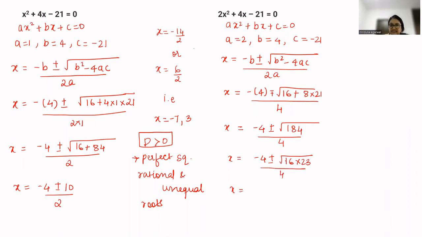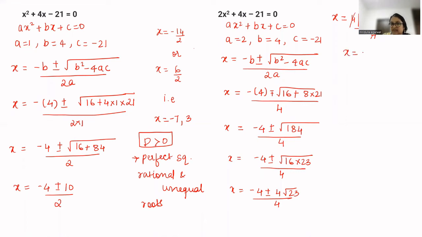As 16 is a perfect square, we'll take it outside the root sign. So we'll have 4 root 23 upon 4. Both the terms are the same, so x is equal to, 4 will be taken outside, so we have minus 1 plus minus root of 23 upon 4. 4 and 4 get cancelled.